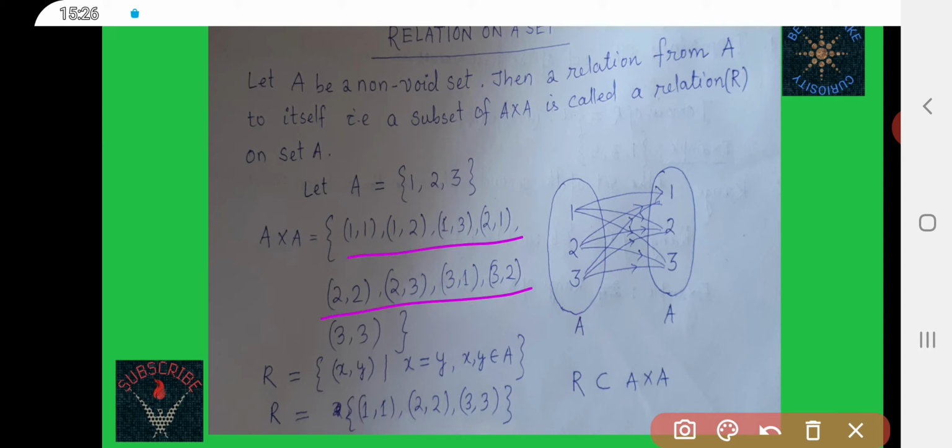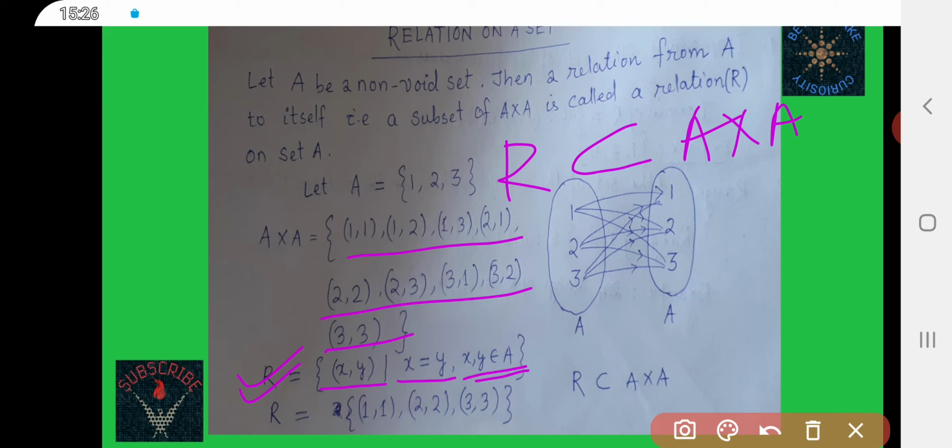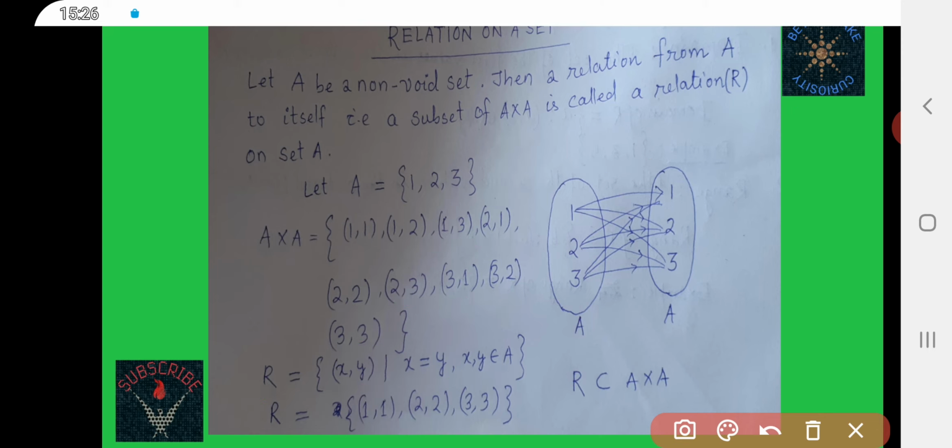These are the elements of A cross A. Now write a relation such that R is a subset of A cross A. Then we can say relation R on the set A. Relation R is (x, y) such that x is equal to y, and both x and y belong to set A. So here the relation is x equal to y: (1,1), (2,2) and (3,3).